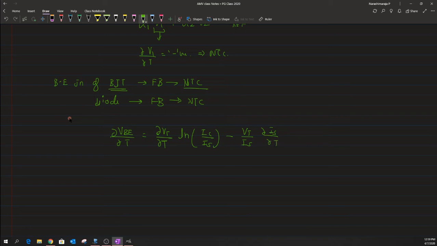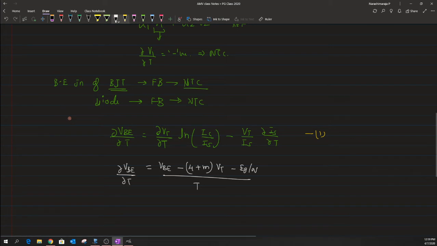So this is the expression that we had, and let me mark this expression as equation number 1. After doing all this derivation of Vt and Is, the final expression would end up being VBE minus 4 plus m Vt, the whole divided by Eg by Q, okay.